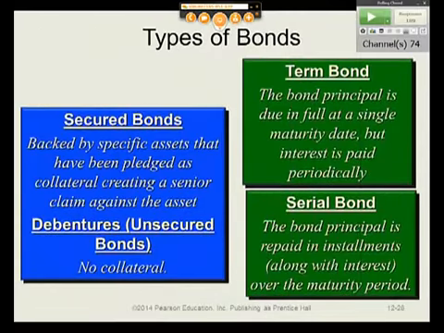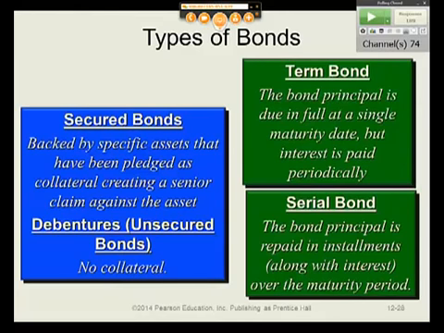Bonds could be secured. They could be like a mortgage backed by assets. Debentures are unsecured bonds. They have no collateral. A debenture is backed by the general credit rating of the corporation. So, for instance, Apple could issue a debenture bond. Why? It's backed by the quality of the company itself. It's not backed by a specific asset.